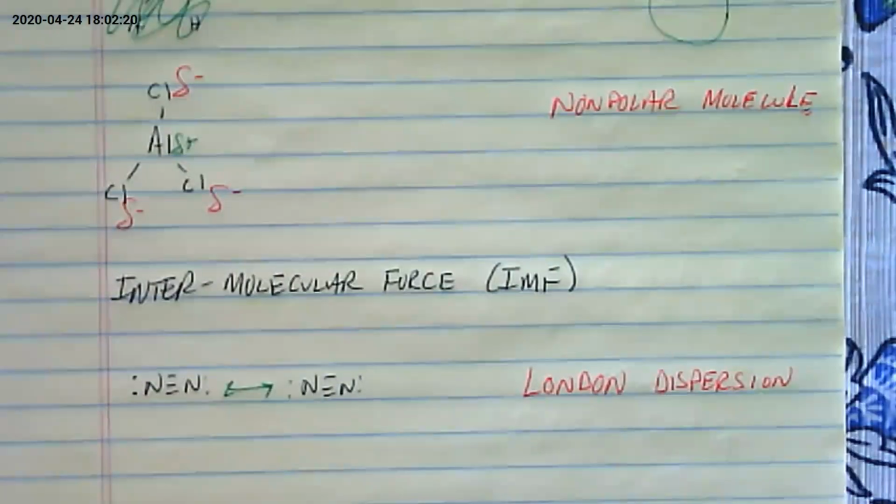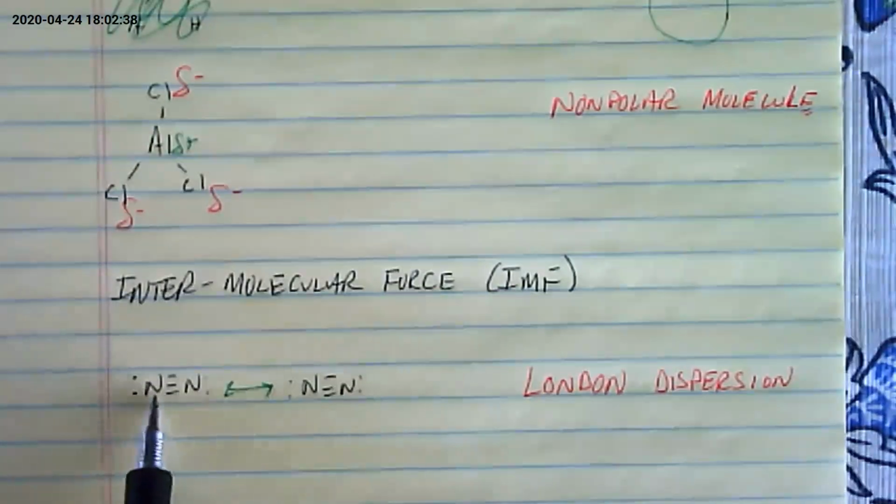Now, London dispersion forces are the result of the fact that molecules are flipping and spinning through space, and therefore they're wobbly. And when something is wobbly, it gets out of balance for small amounts of time.